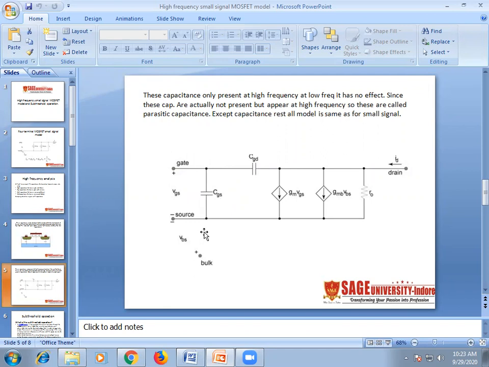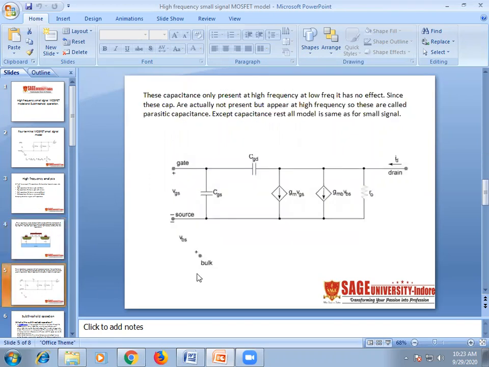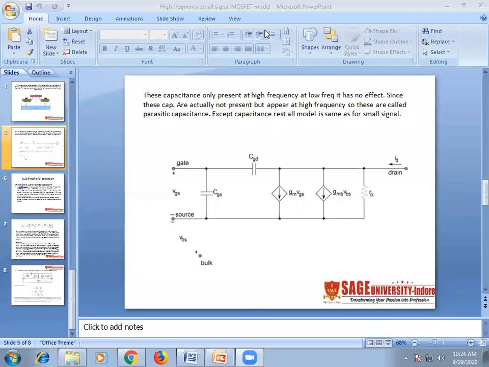So today we have seen the high frequency model, and this high frequency model is only for the saturation region where two prominent capacitors are present, that are CGS and CGD. So we have completed the small signal model and high frequency model.